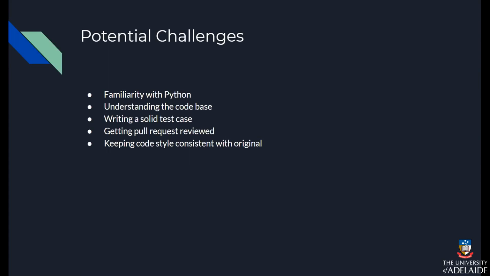We'll also have challenges writing test cases since we don't understand exactly how it works yet. We expect that getting our pull request reviewed will probably be challenging since we haven't had any experience writing pull requests on open source repositories. And finally, the last challenge would be keeping our code style consistent since they have a certain style that they want us to write in.